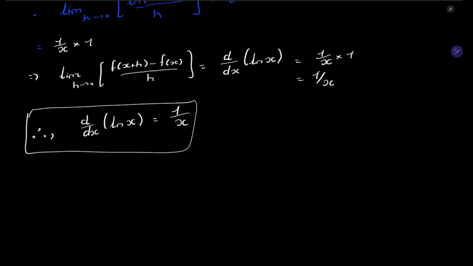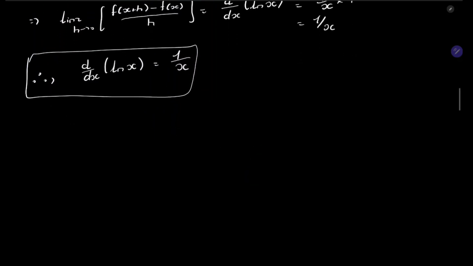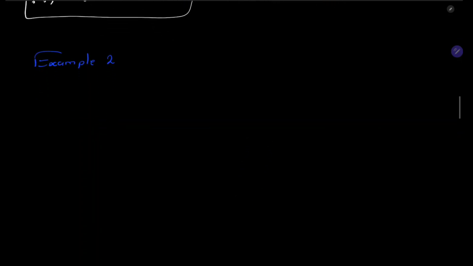Now let's move on to the second case of log x. We'll call this example 2. What does the example state? Differentiate log x. What is the first thing we're going to do?